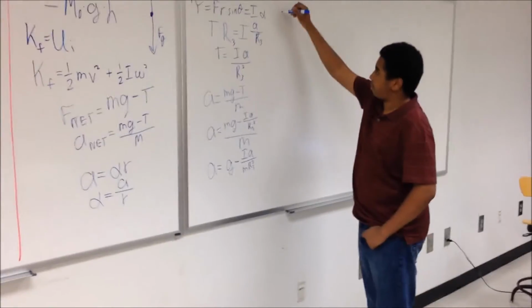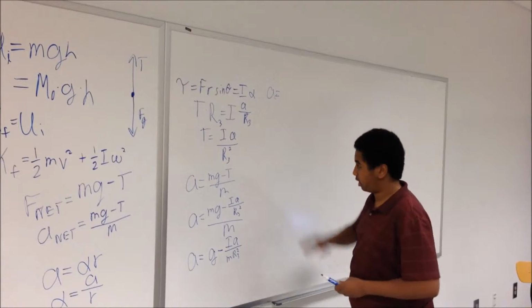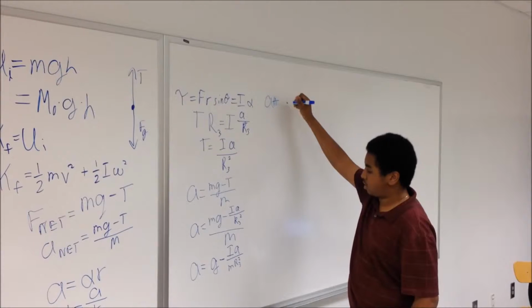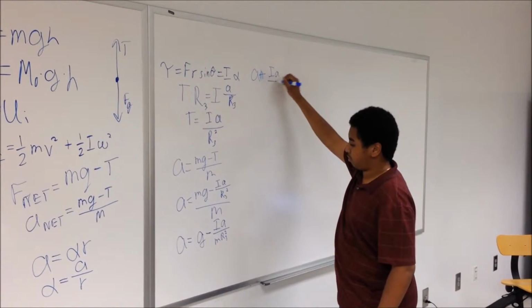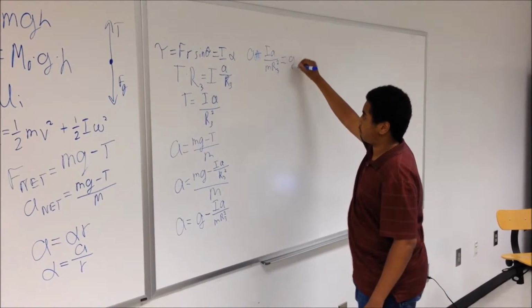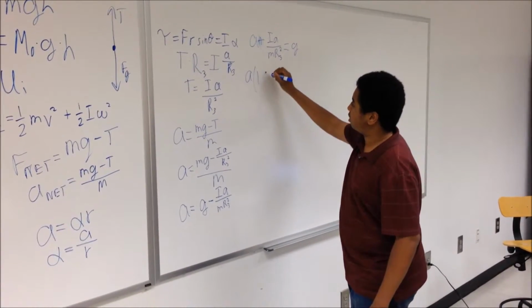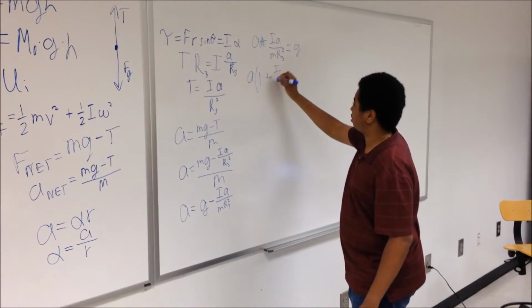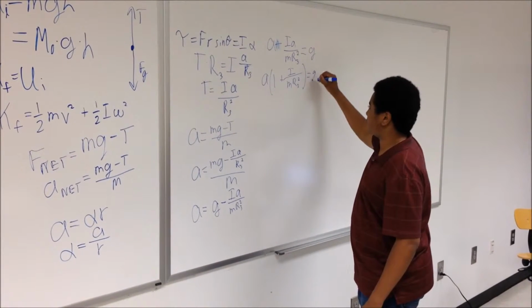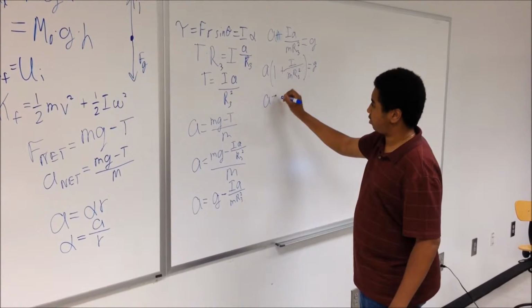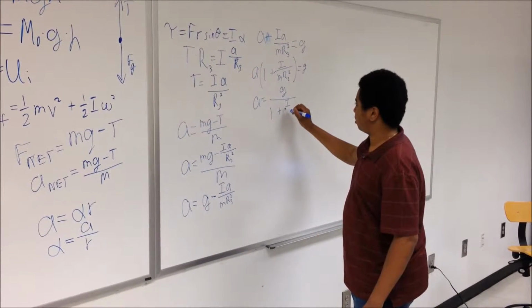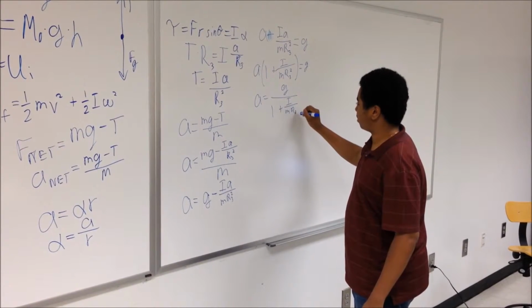So that's what we're going to do. a plus I a over m R3 squared equals g. a times 1 plus I over m R3 squared equals g, and a equals g over all of that, which is 1 plus I over m R3 squared.